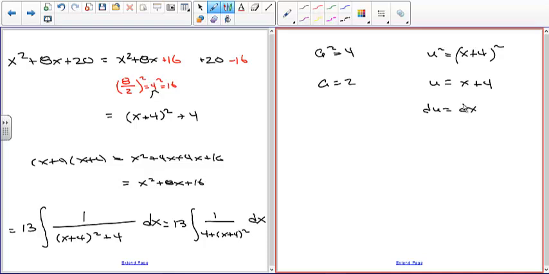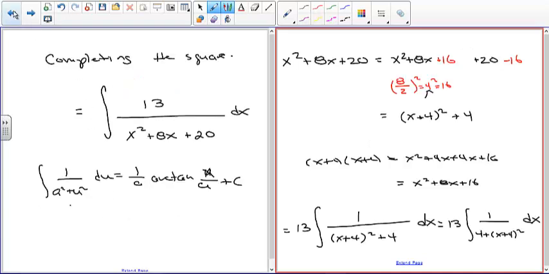So with those choices for u and for a, I can now take the original expression and make my substitution. I end up with 13 times the integral of 1 over a squared plus u squared times du. And there I am, back where I was earlier. I was trying to get this to look like that, which I did.